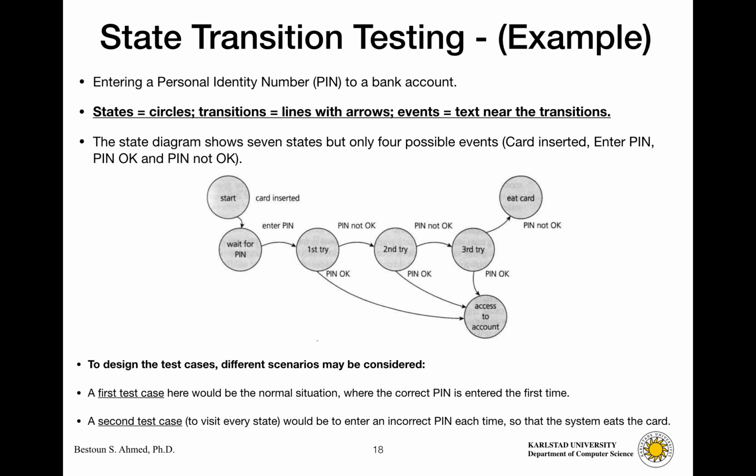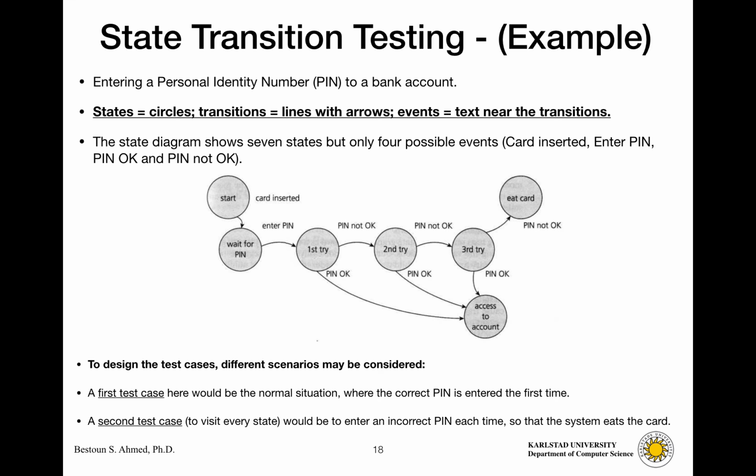And of course you have to know that if there is an arrow going out from a state without going to another state, that is not a transition, basically, because a transition happens between two nodes. So the state diagram here shows 7 states, but only 4 possible events.